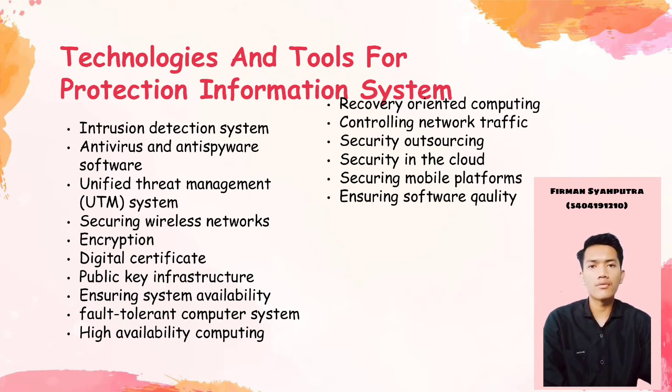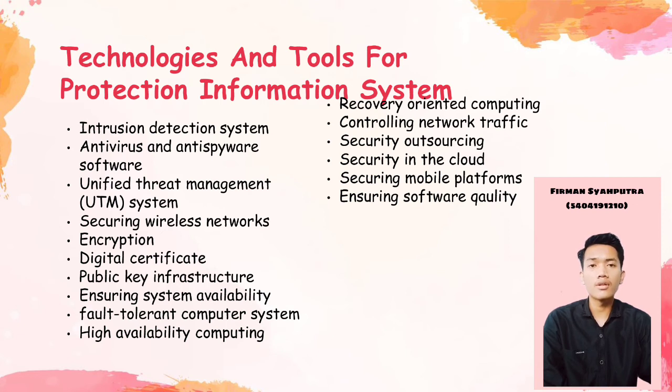Securing wireless networks: prevention of unauthorized access to or damage to computers or data using wireless networks, including Wi-Fi networks. Encryption: message encoding so that it cannot be read by others, or the information cannot be known by others without special knowledge. Digital certificate: a document in electronic form used to prove ownership of a device using a public key. Public key infrastructure: a way for authentication, data security, and anti-denial.